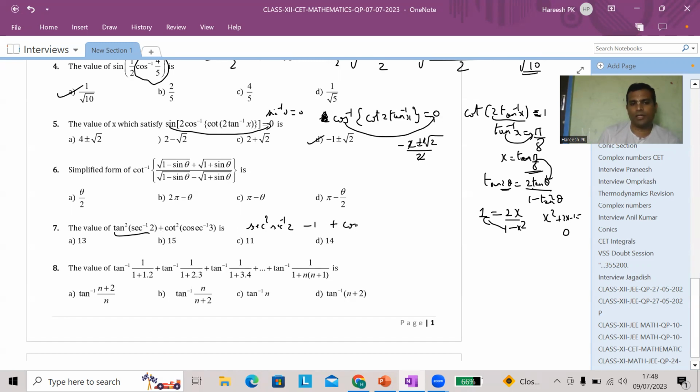Similarly, cot square I can write as cosecant square cosecant inverse 3 minus 1. So secant and secant inverse cancel. So you'll have 2 square, which will be 4 minus 1 plus 9 minus 1. So that is 13 minus 2, which is 11.